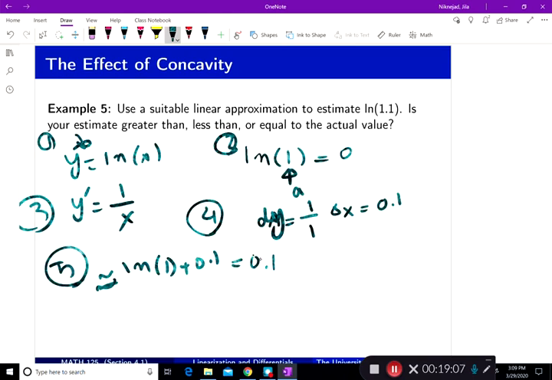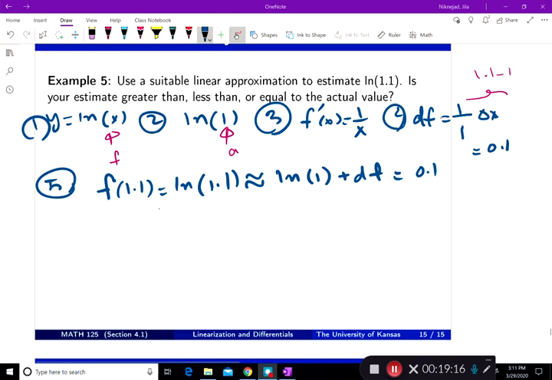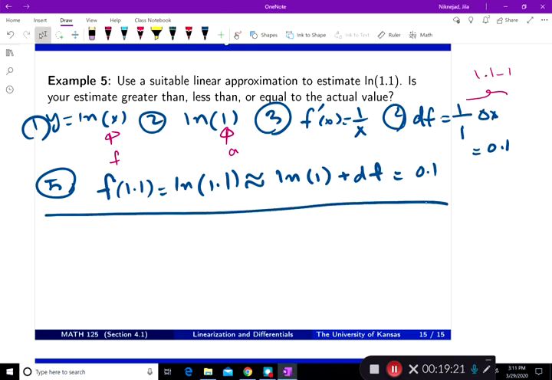The other way is just writing the linearization down. So the second method of doing this is to write it down as a linearization. The information that you got here is going to give me the linearization at 1, because a is 1, of 1.1. That's what we want to find.